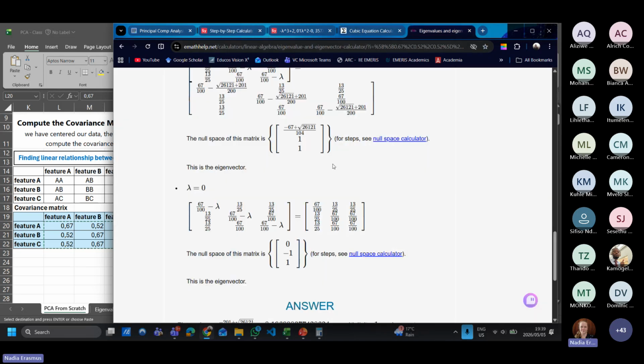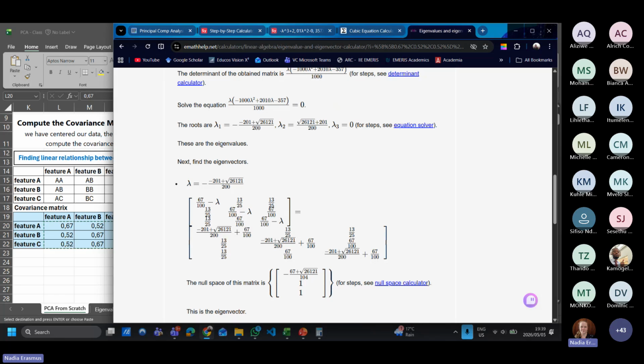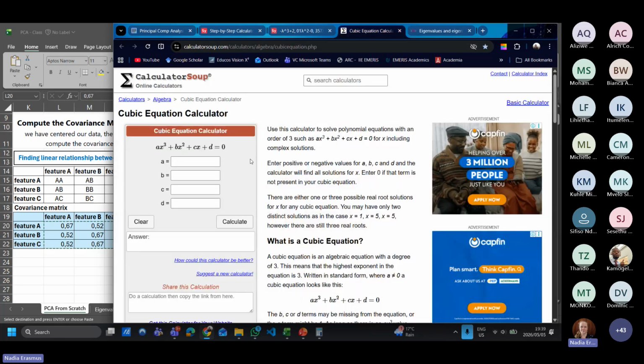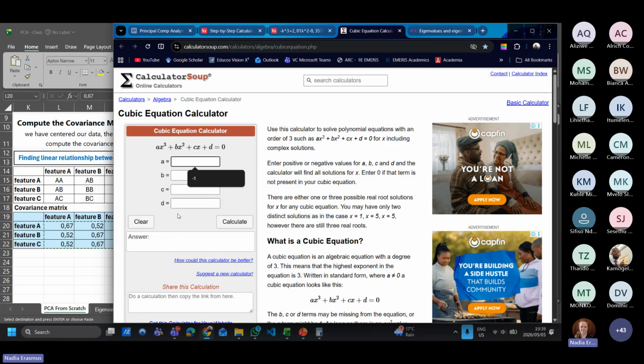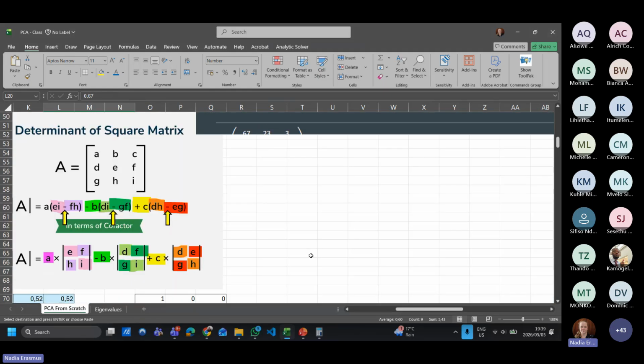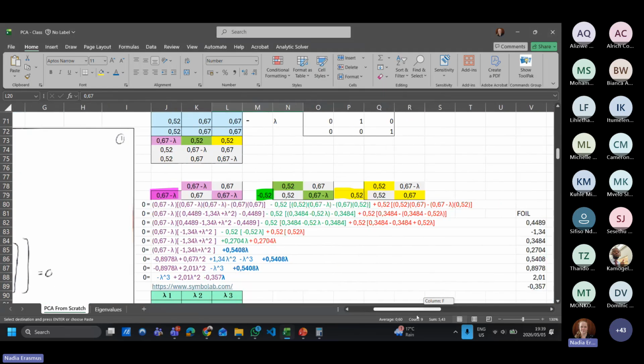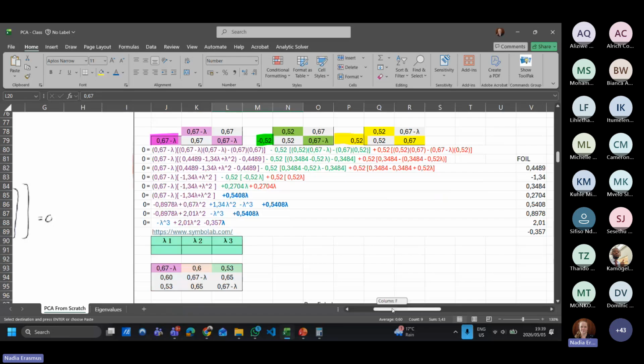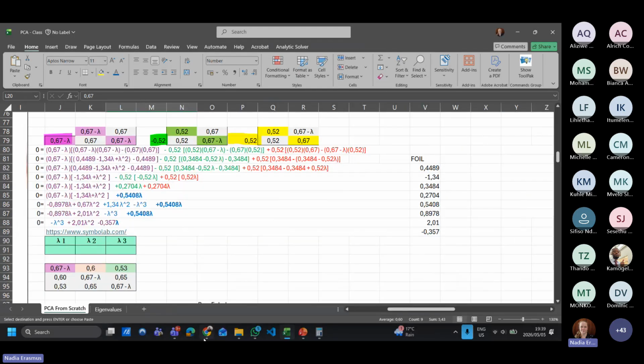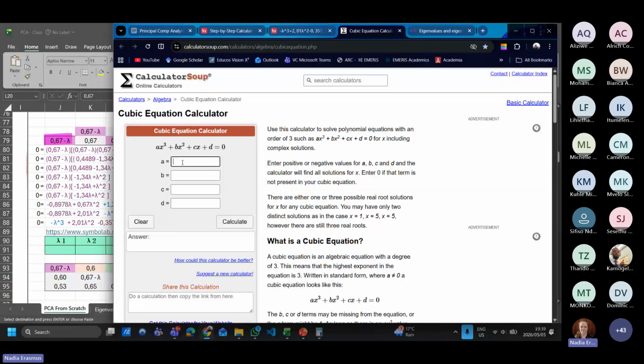But with the eigenvalues, when you get that cubic expression, then you can go and substitute it in here. I think I definitely made a mistake somewhere. But let's see if it is correct or not. So we have our lambda as -1.